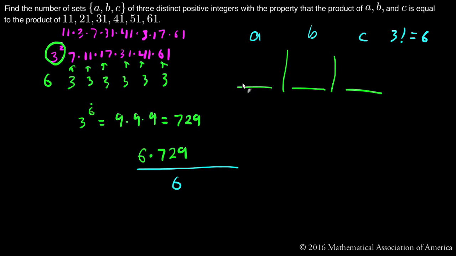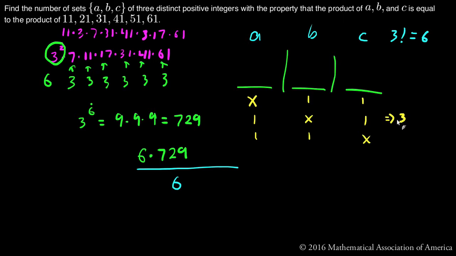So I have everything here and the others are both 1. Or I have one, everything here, one. Or these two, and everything here. And so this doesn't actually show up 6 times, it only shows up 3 times.